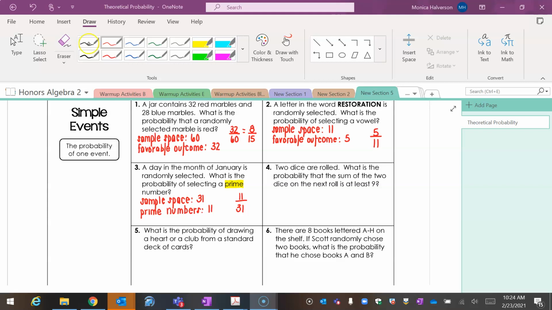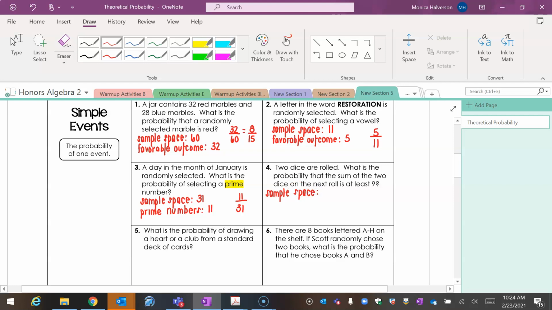Alrighty, so the first thing we have to do is determine the sample space here for number 4. So let's look at number 4. 2 dice are rolled. What is the probability that the sum of the 2 dice on the next roll is at least 9?